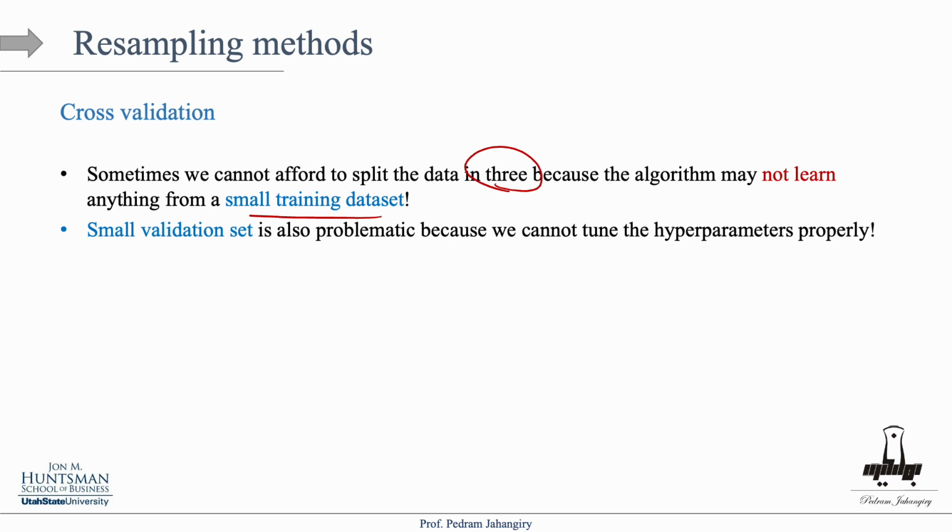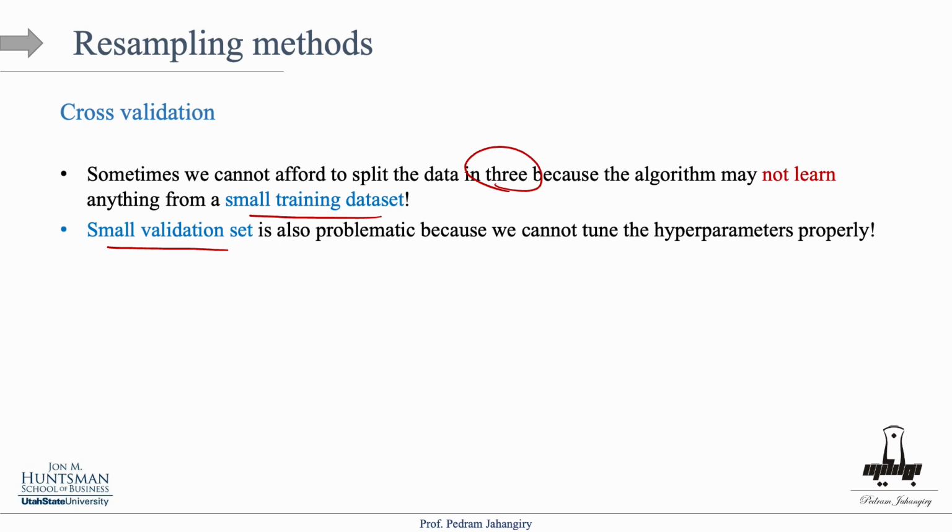So basically, if the train set is small, then the algorithm may not learn anything. It's going to have a hard time pinning down the parameters of the model if the train set is small. On the other hand, having a small validation set is also problematic because the algorithm cannot tune the hyperparameters properly. Remember, the hyperparameters are being tuned, being optimized in the validation set.